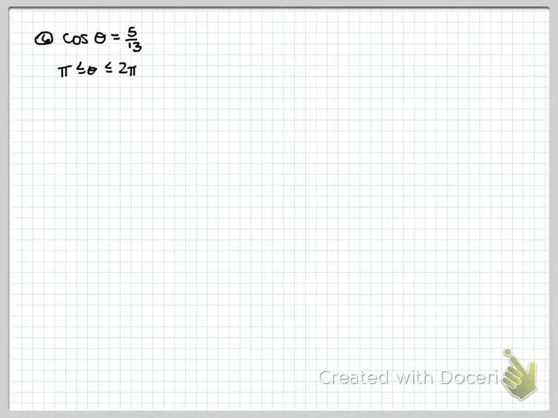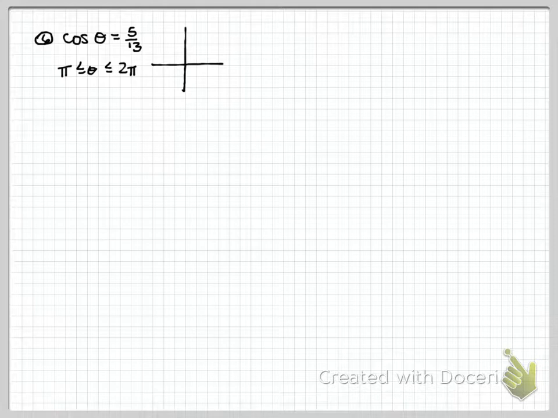Now cosine's positive here, so I need to draw a triangle where cosine is positive. It's very similar to things that we've done in the past. Cosine is positive in quadrants 1 and 4, but my restriction says I can only go from pi to 2 pi, so from 180 to 360.